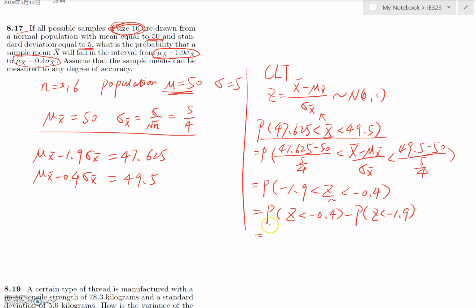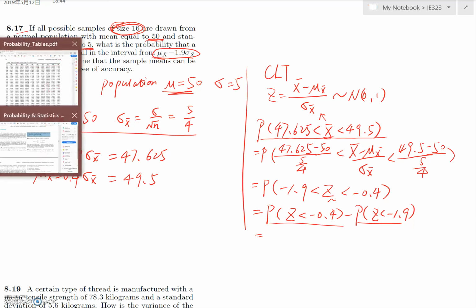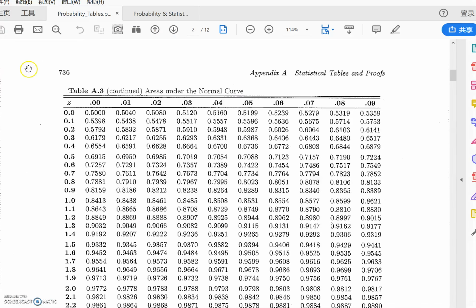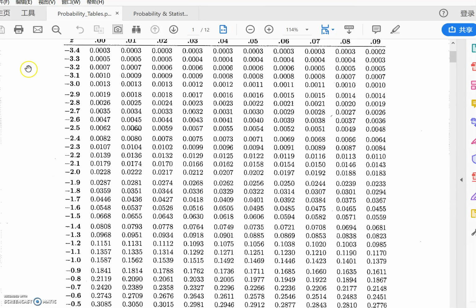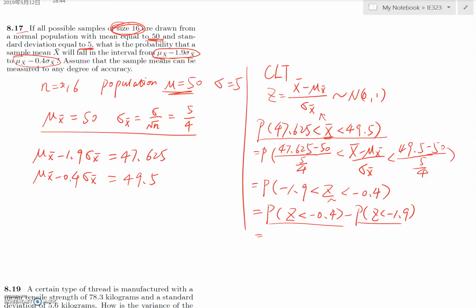So we can get those two values from the probability table here. So here is the normal probability table. We can find minus 1.9, which is 0.0287.